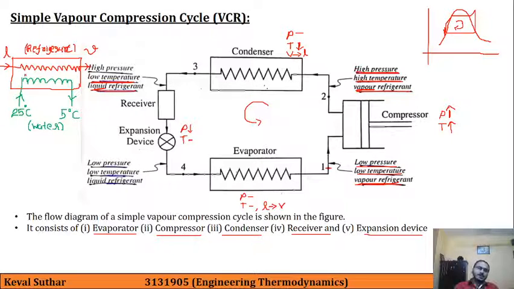To get converted from liquid to vapor, the refrigerant requires latent heat of vaporization, which will be taken from this water. So the evaporator is nothing but one form of heat exchanger. Here this refrigerant is gaining heat and this water is losing its heat. So our cooling purpose is achieved.